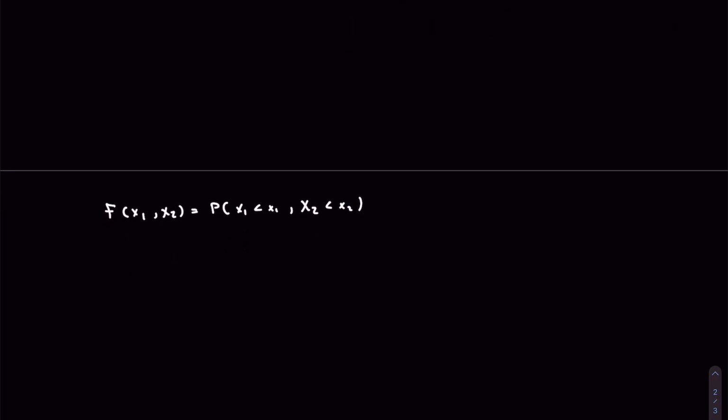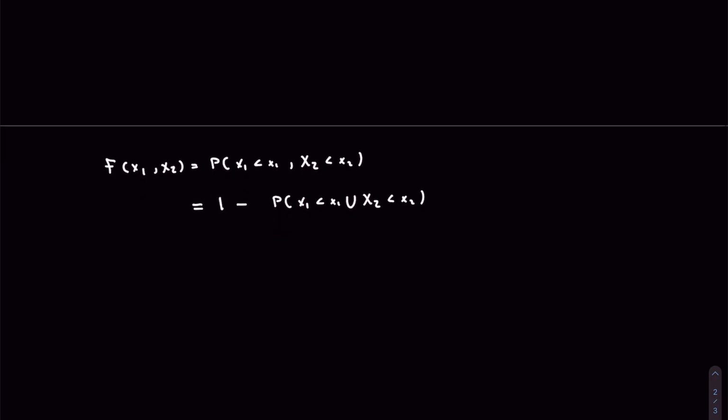So what we do instead is take the complement, 1 minus this event. But there's one critical difference: because we're taking the complement of two random variables, we need to figure out all situations that don't fulfill this condition. And I've written or here, and this will seem a little convoluted.